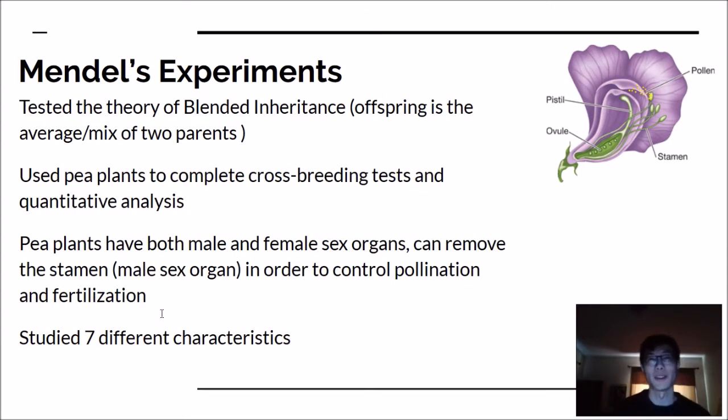Some sources say a little more than that, but there are 7 key characteristics he looked into. This is more or less trivial information in terms of memorization, but it's interesting background.